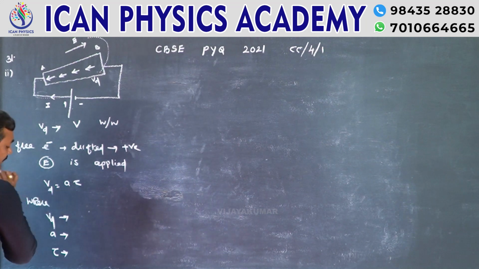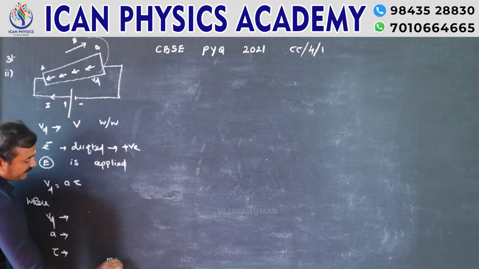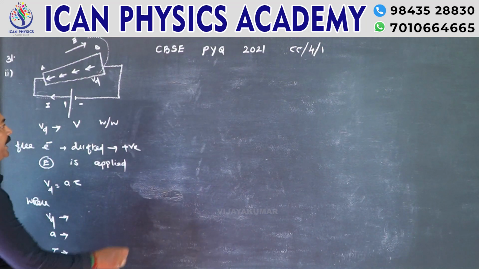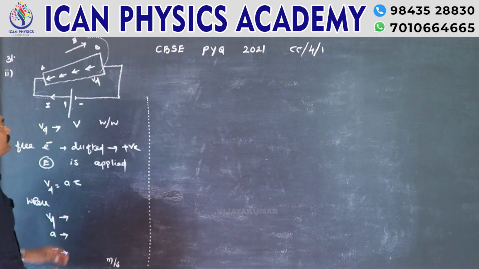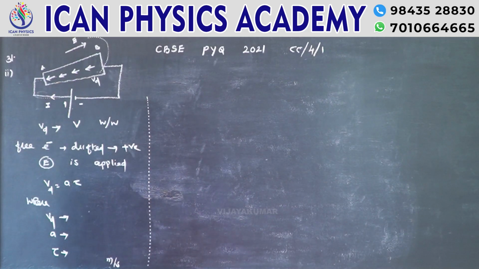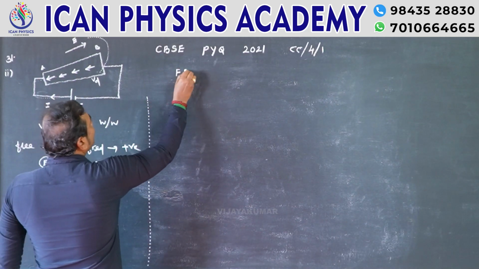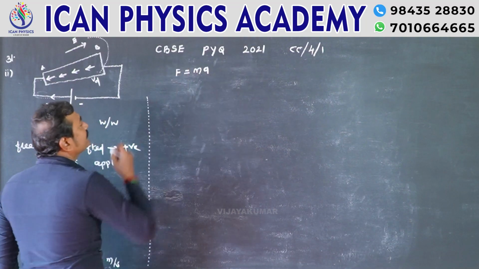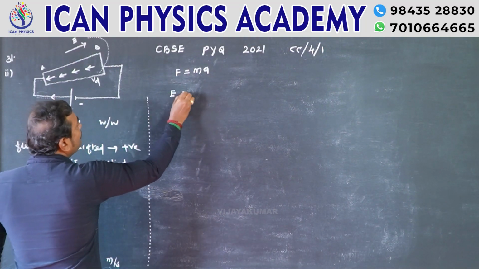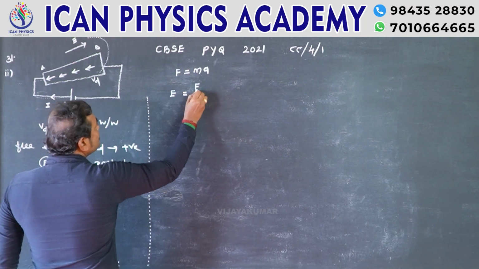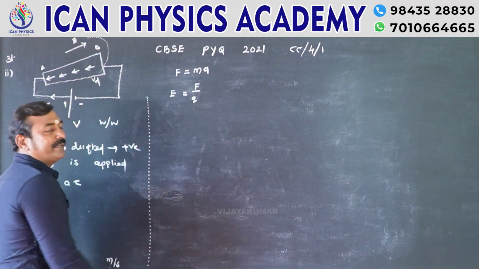Now what is the unit of drift velocity? Meter per second. Now the electron experiences a force. We know that F equals m a. Electric field is defined as the force experienced by unit charge.